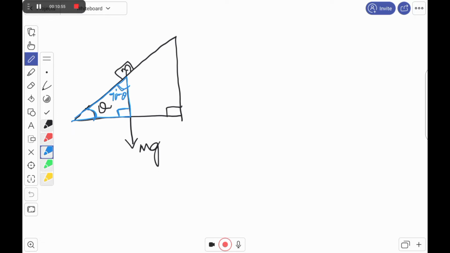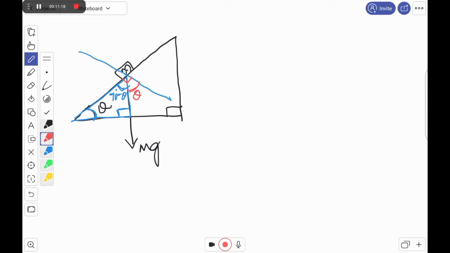So if it is theta, then this is 90 minus theta. So what will I do now? Perpendicular. Okay. So if it is 90 minus theta, this is your perpendicular. Then what is this value? This will be theta. Is it clear, children?